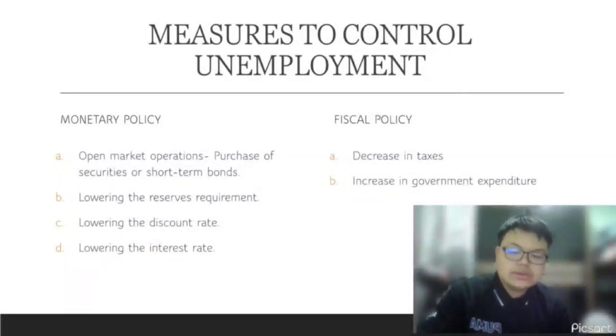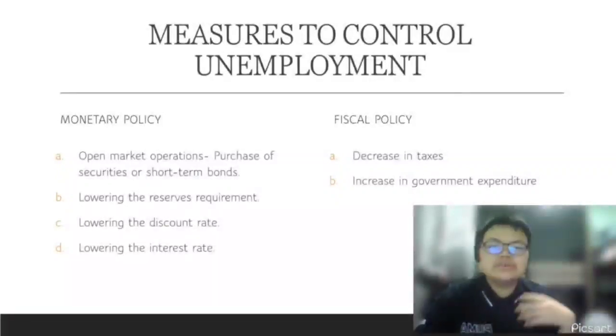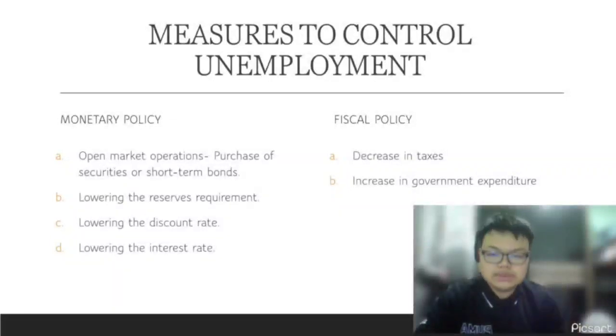The fourth one, which is the last monetary policy, is lowering the interest rate. The central bank may persuade commercial banks to decrease their rates of interest on deposits from the public.